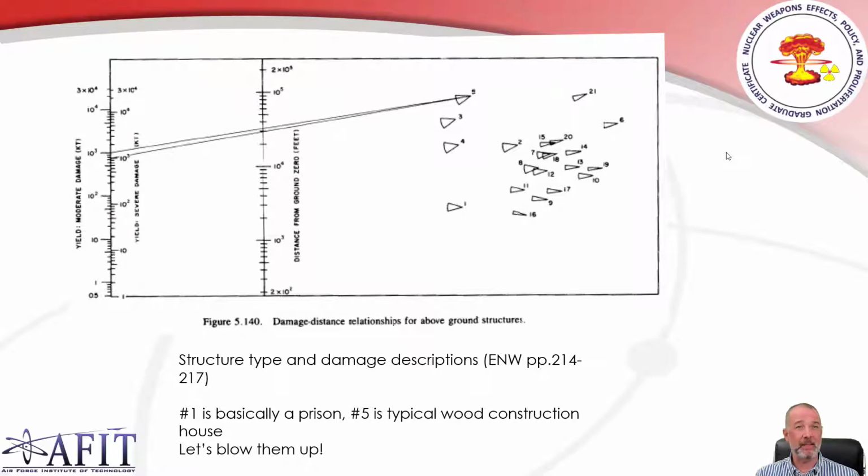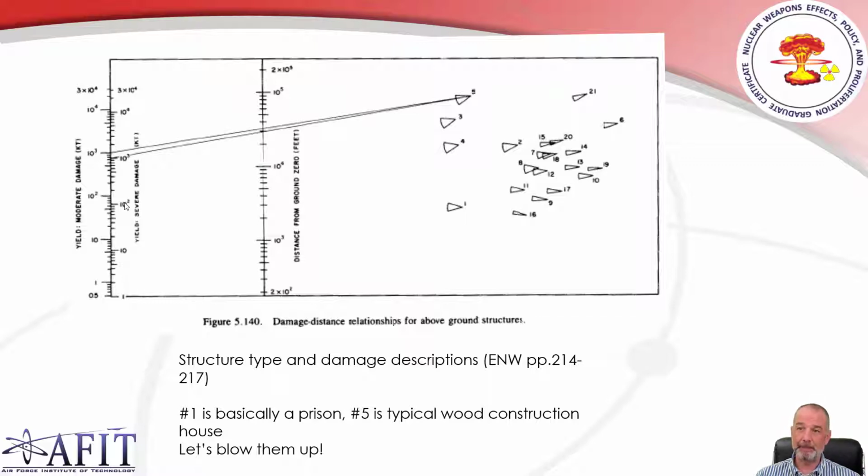For a weapon, atmospheric, I think this is, for a weapon detonation. So as you can see, we have 3 axes, basically. We have this axis right here, which is distance from ground zero. And then we have 2 axes here. The one on the outside, where this set of numbers are, this is moderate damage for a particular yield weapon in kilotons.